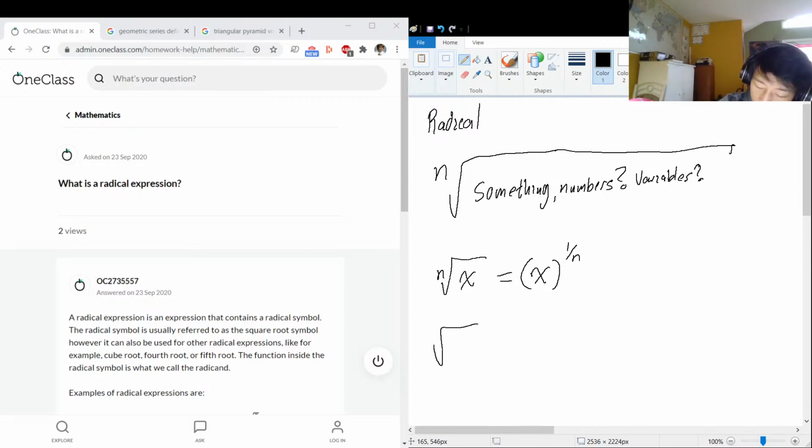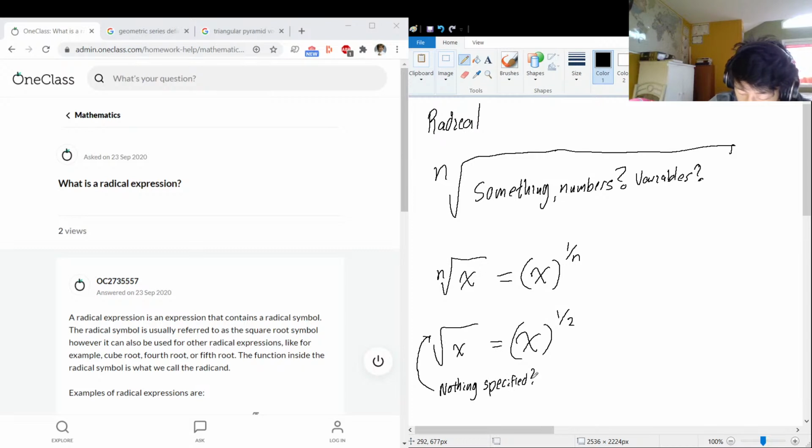If you have just a square root like that, like the square root of x, that is equal to x to the power of 1 over 2. Square rooting is so common for radicals that if there's nothing specified, assume 2.